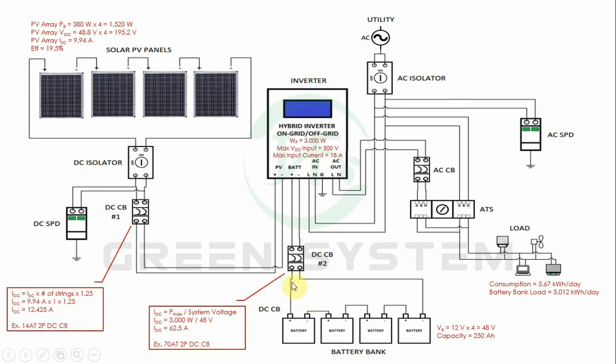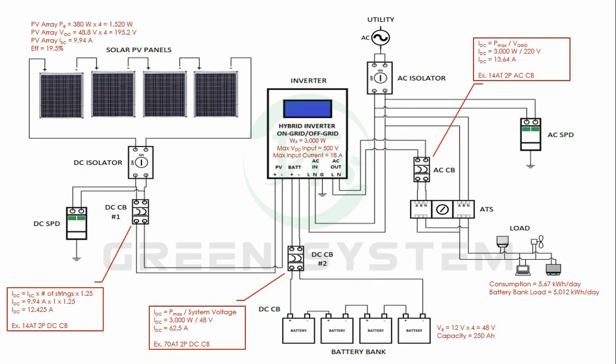We have 62.5 amperes. That's the amount of current flowing through here. So in this example, we will choose a DC circuit breaker with a rating of 70 amperes. So that's 70 ampere trip 2-pole DC circuit breaker.